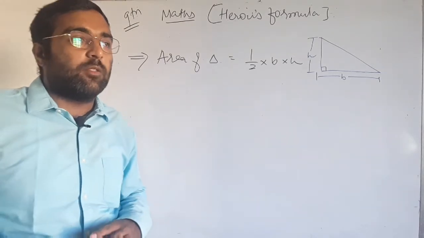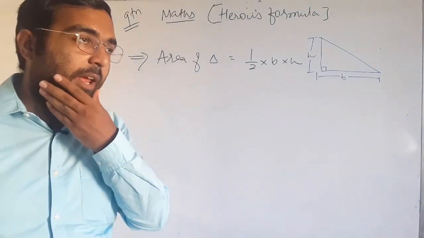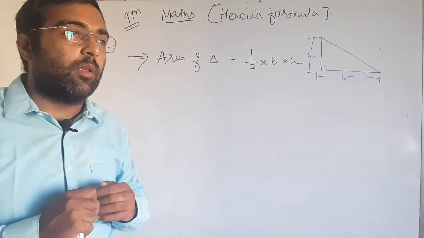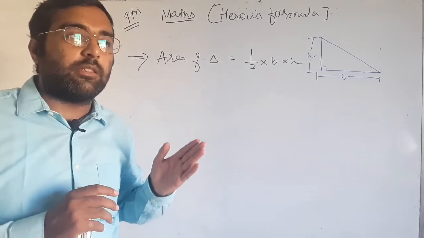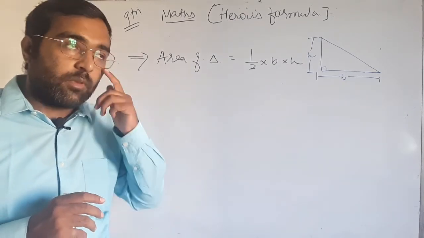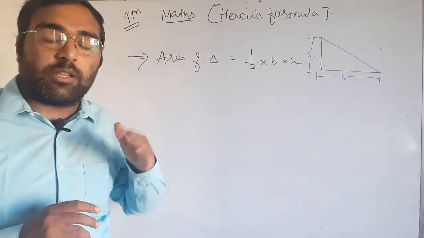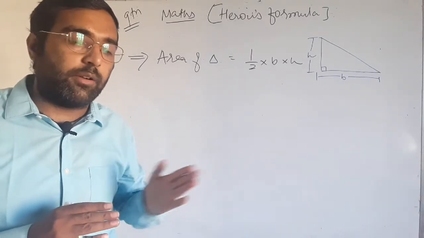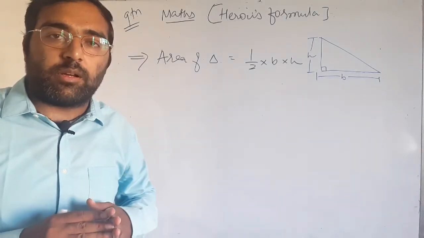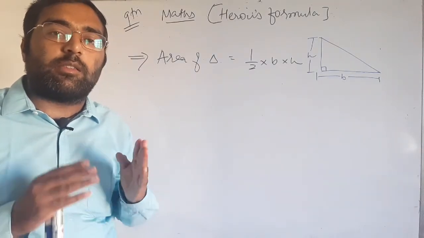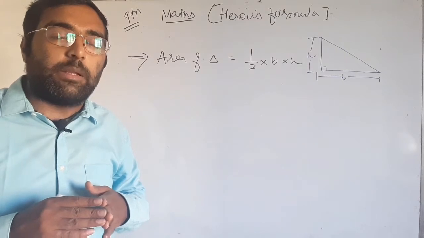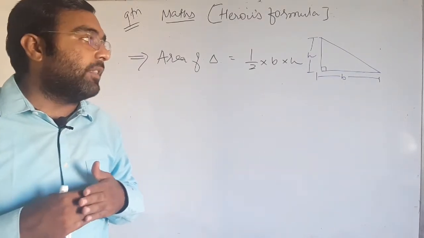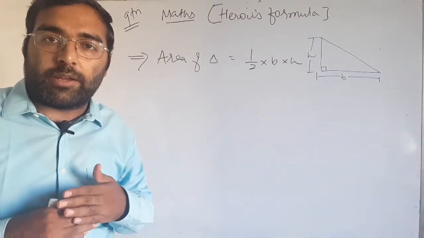Depending on the sides there are 3 types of triangle, that is scalene triangle, equilateral triangle and isosceles triangle. And depending on the angle there are also 3 types of triangle available, that is right angle triangle, acute angle triangle and obtuse angle triangle.